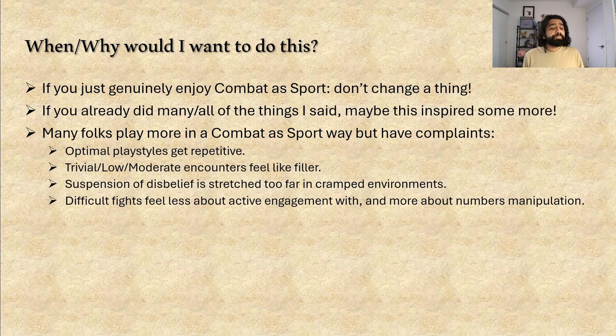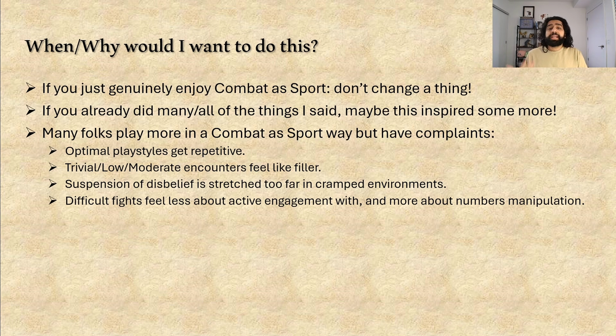Next up, the complaint that difficult fights feel less active and engaging and more about just manipulating numbers. This complaint is most commonly used against single boss fights, because when the GM side does not have that much agency, they really are only going to do one or two different kinds of things. And as the players, all you really have to do is pump your numbers to make sure you're reliable against the boss, and then try and figure out a way to stop the boss from doing the thing they want to do.